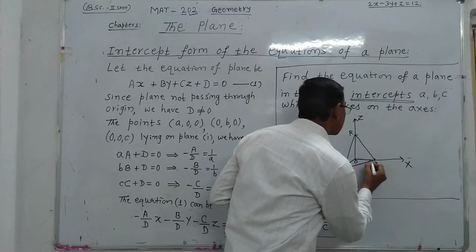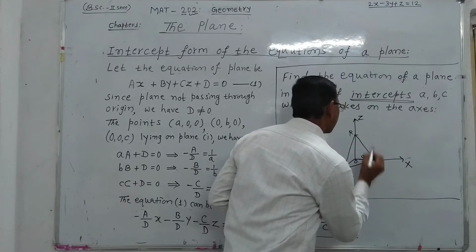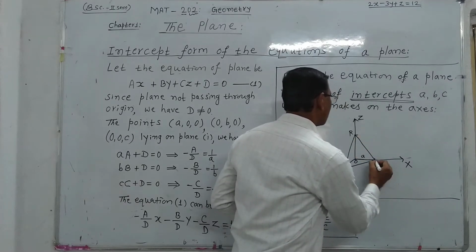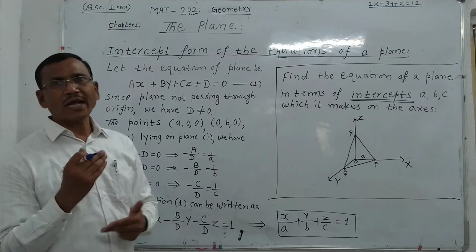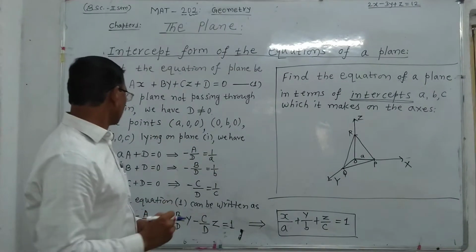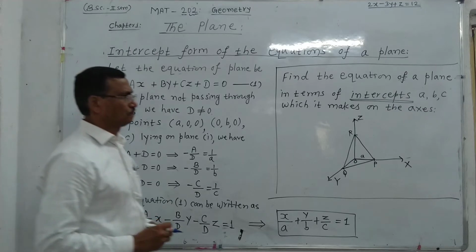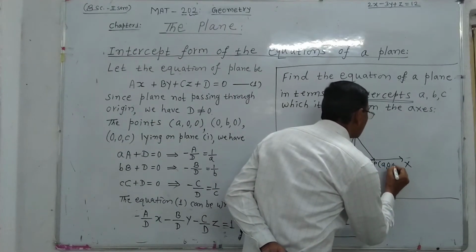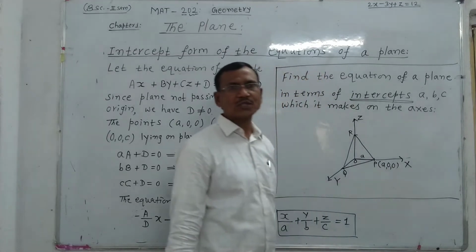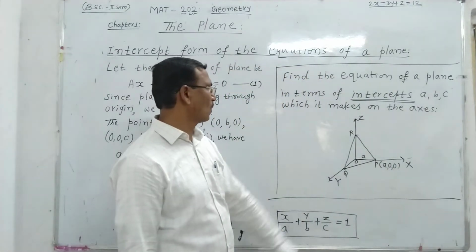That means this distance is a. As this distance is a, what are the coordinates of point P? The coordinates of point P are a, 0, 0.